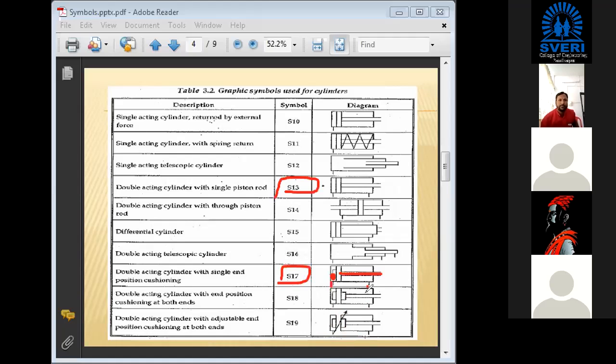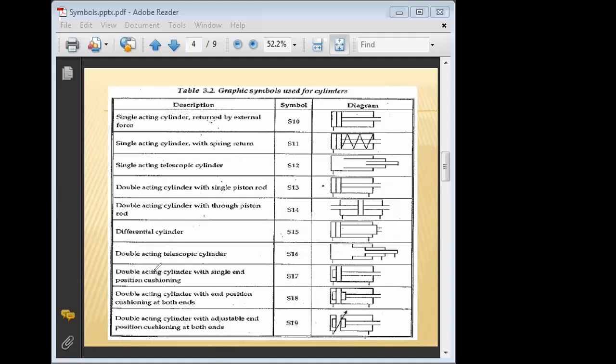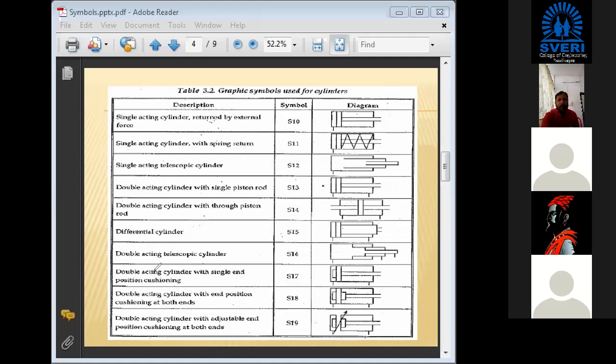Understood? Yes, sir. Okay. Now please draw all the symbols. Okay, same symbols we are going to learn at the respective point.